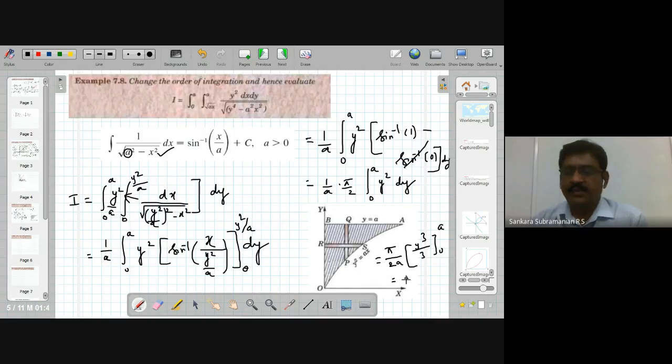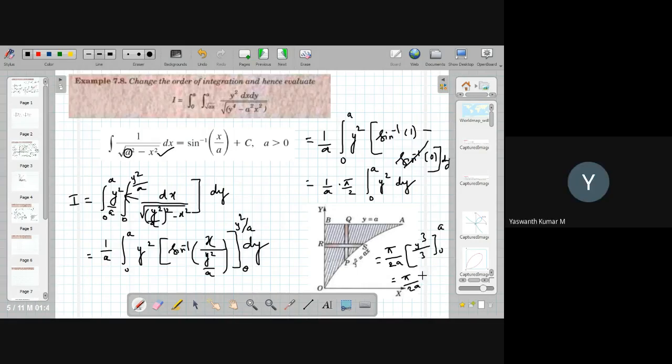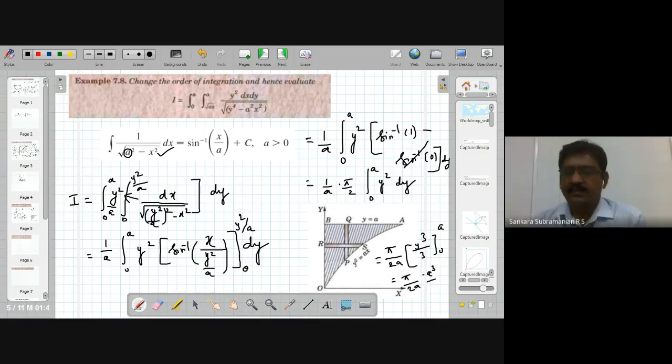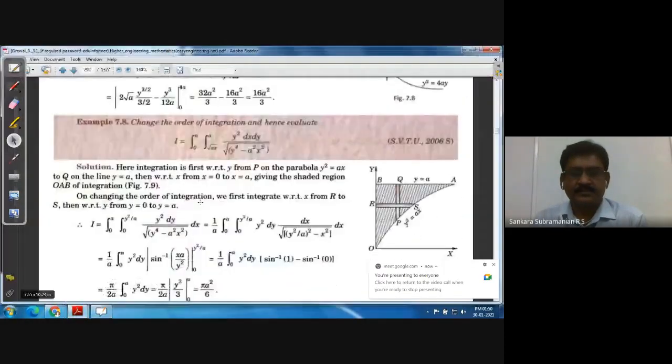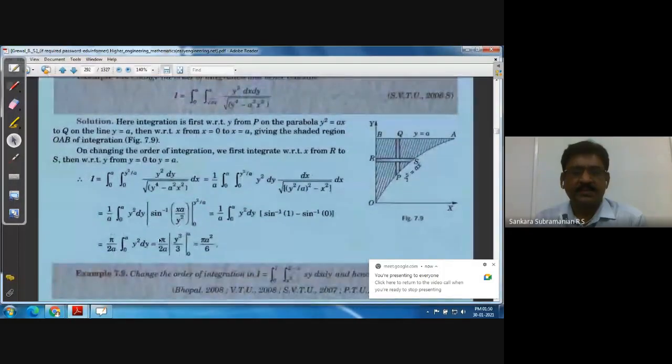If you go for upper limit, you will be getting a cube by 3, and if you go for lower limit, it becomes 0. So this will get cancelled. So you get pi into a square by 6 would be the answer. Pi a square by 6 is the answer.